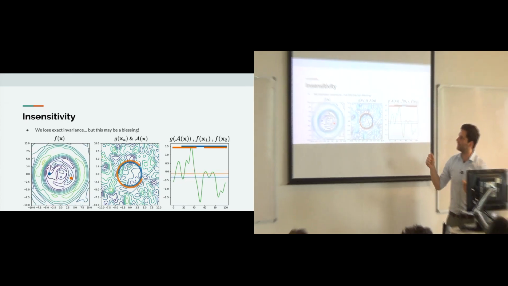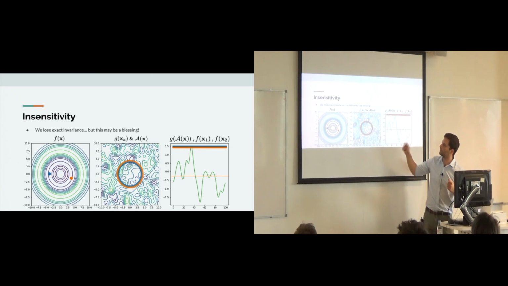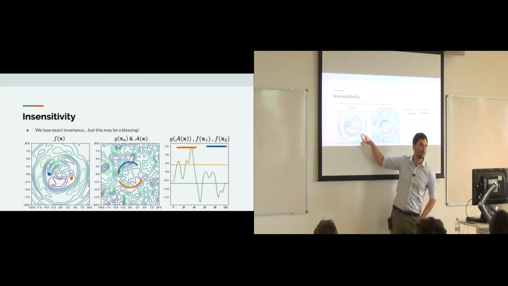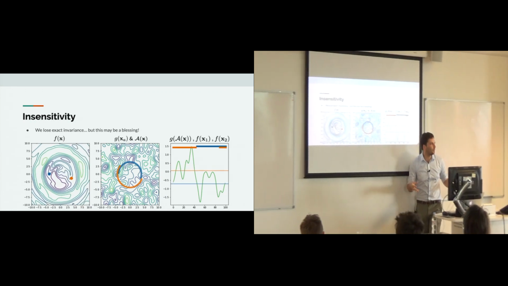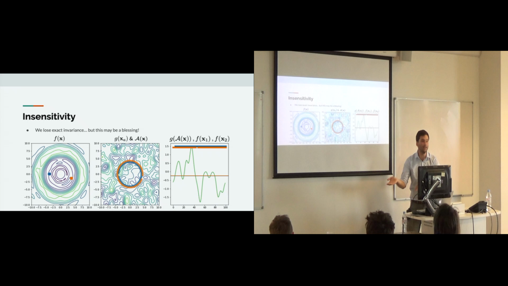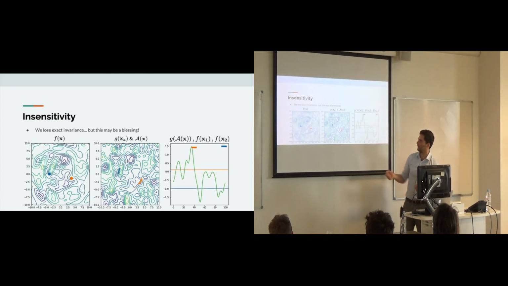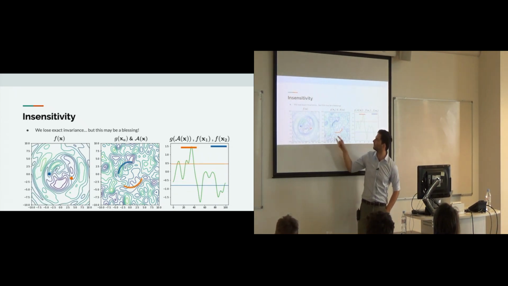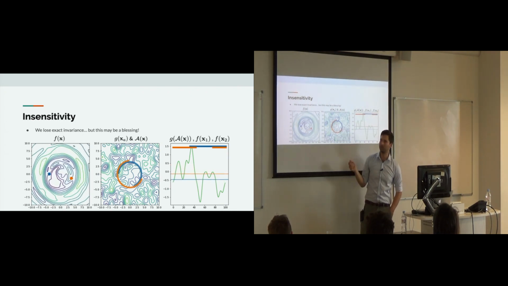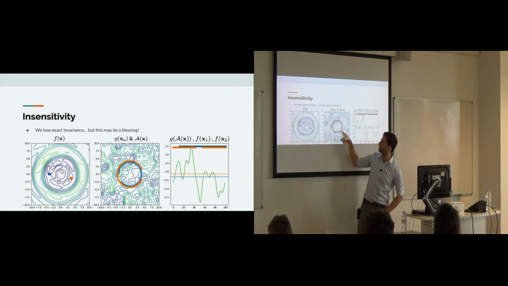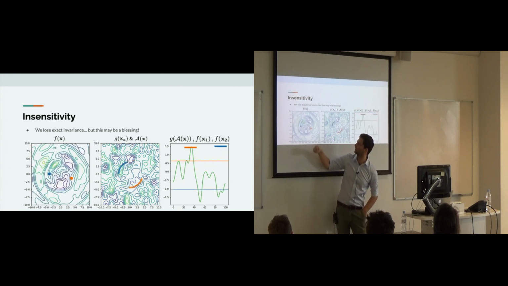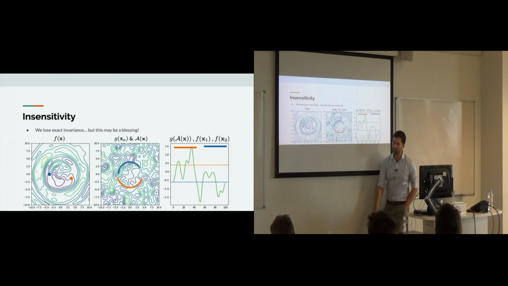So what's interesting is that as the orbit grows, the amount of variation in the function along the orbit actually becomes smaller. And we're actually interpolating between completely non-invariant functions and completely invariant functions. So the two functions start off exactly the same when we start just by summing two initial points. But then as we grow this density to include the entire orbit, we get something that's completely rotationally invariant.